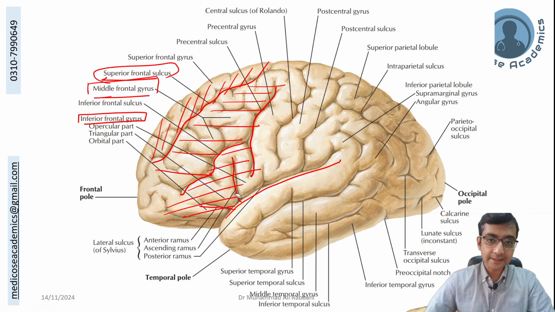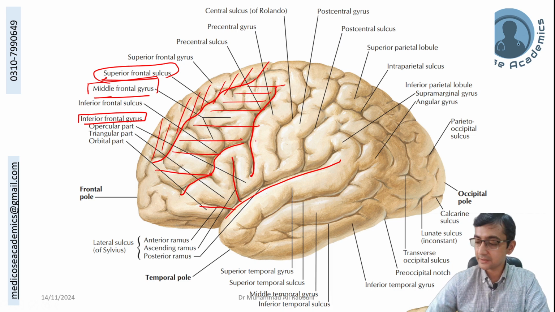The inferior frontal gyrus is further divided into three parts due to the ascending and anterior rami. The part below the anterior ramus is the orbital part, because it lies near the orbital cavity.